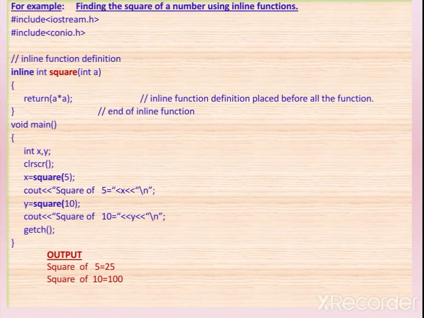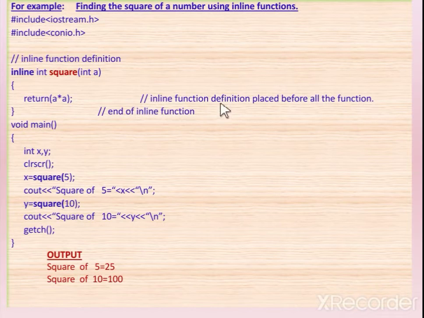Here I used a special keyword called inline, and square is the function name, followed by an integer argument. I am going to pass one argument, that is a, an integer type of argument. Next, inside the flower brackets is the body of the function, return and some expression. It returns the square of a number, a into a. It returns the square of any integer value. So here is the end of the inline function.